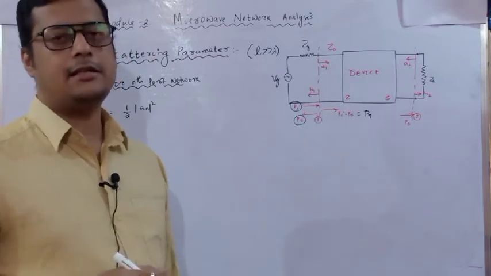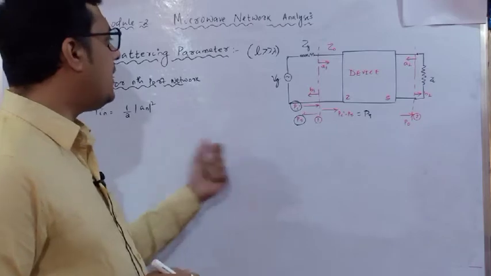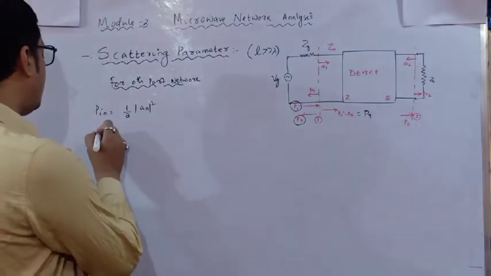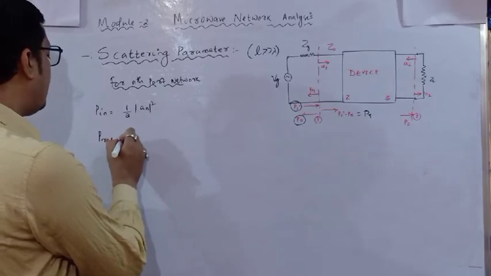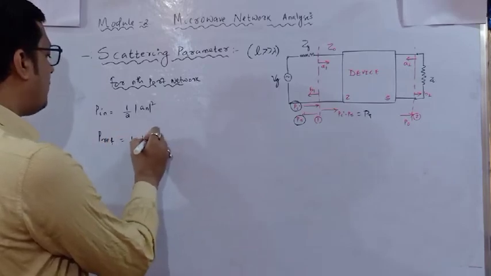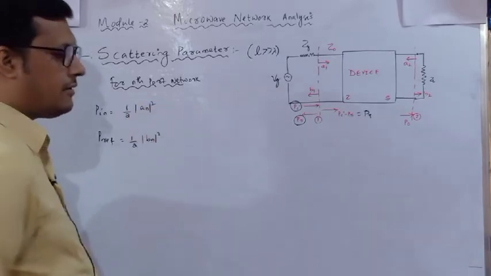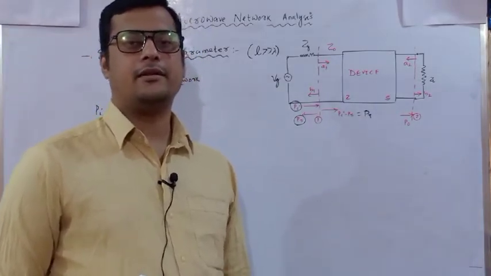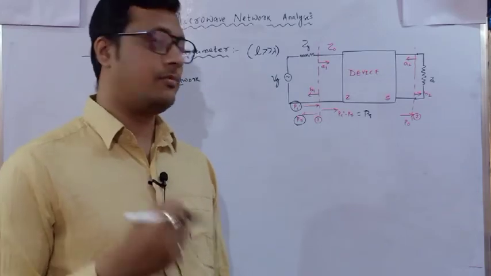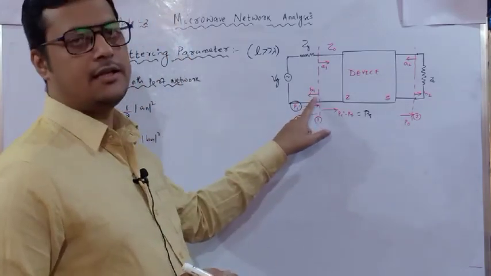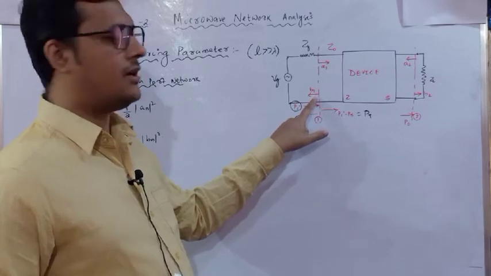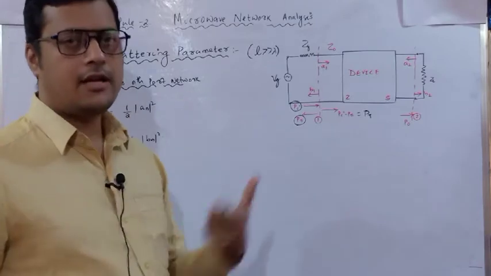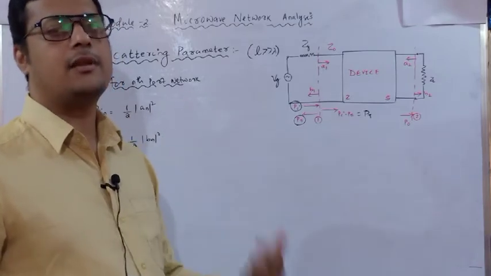We will discuss what an is, but for the time being, an gives the input power. Similarly, the reflected power I can write as half of mod bn square. Half mod bn square depends upon the reflected potential for the nth port. So here I have represented the reflected potential as B1 and the incident potential as A1. You can consider this as mod V square, but it is called a normalized component.